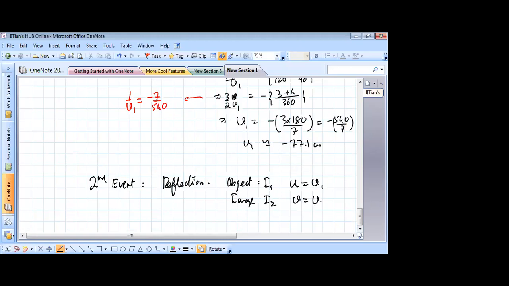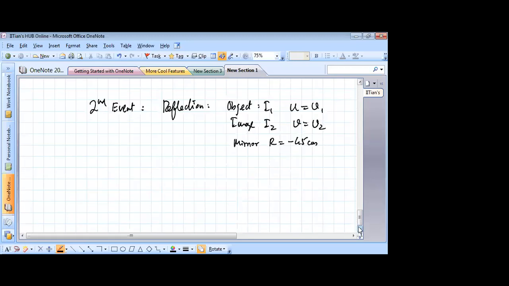We substitute v as v2, and the mirror has a radius of minus 45 centimeters. So 1 by v plus 1 by u is equal to 2 by R.